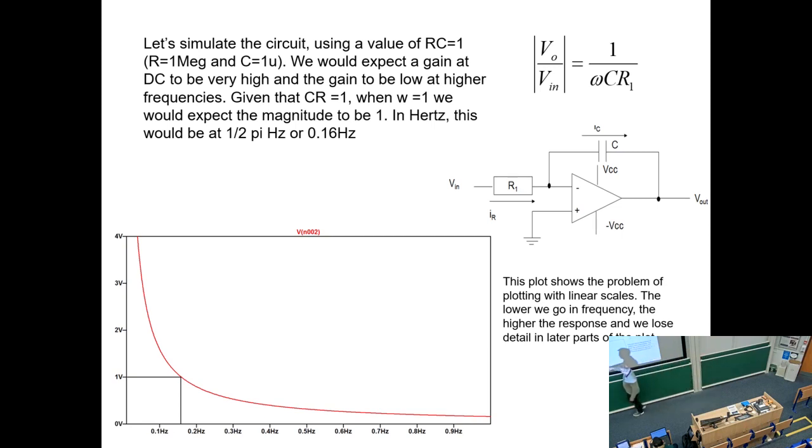And if I hadn't truncated this axis here at 0, this would have gone up to infinity, or as close as it can get. And at 0.16 hertz, the gain is 1, or the response is 1.